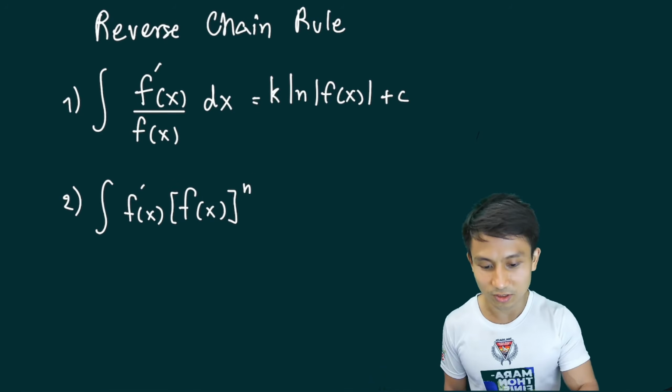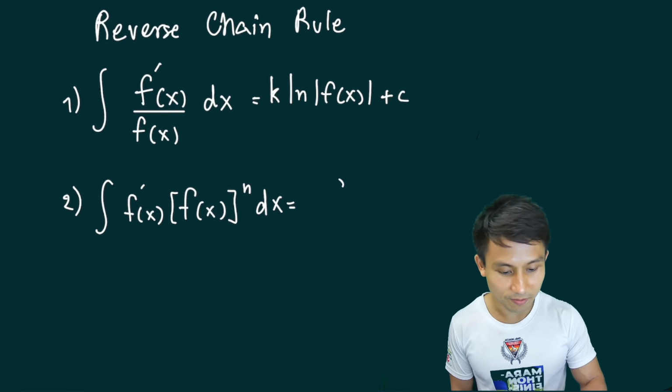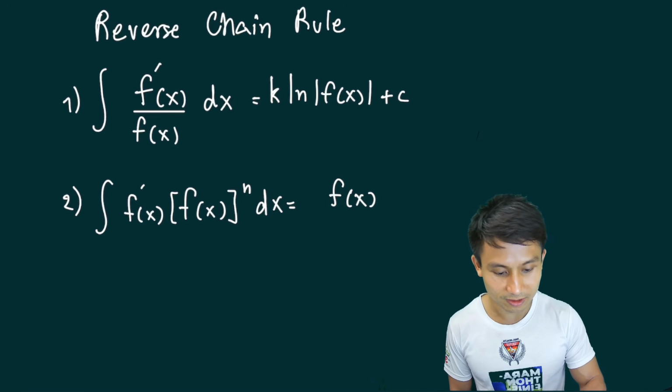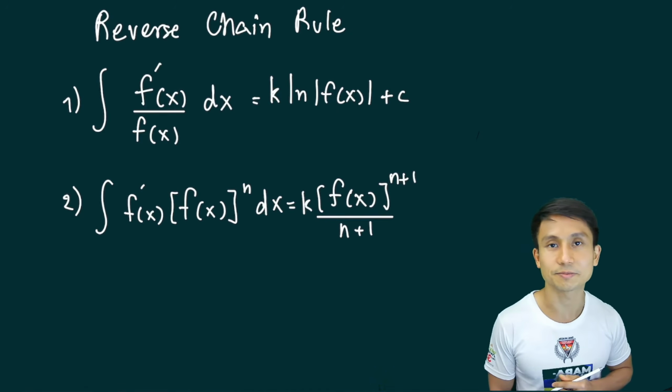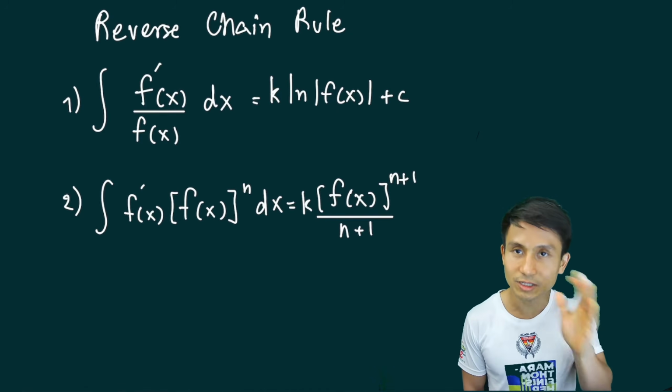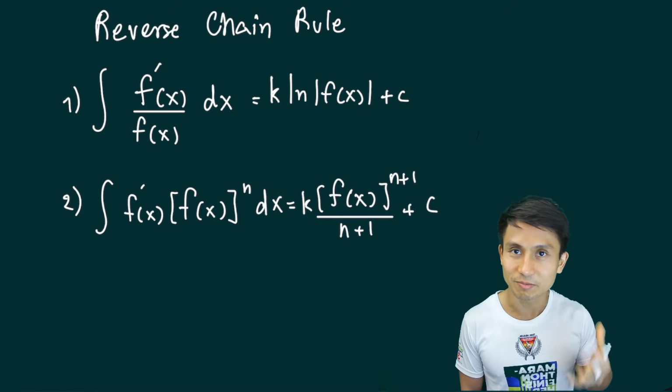Okay, so when you integrate that, you're going to get f of x to the power of n plus 1 divided by n plus 1, and the correction factor again, k.